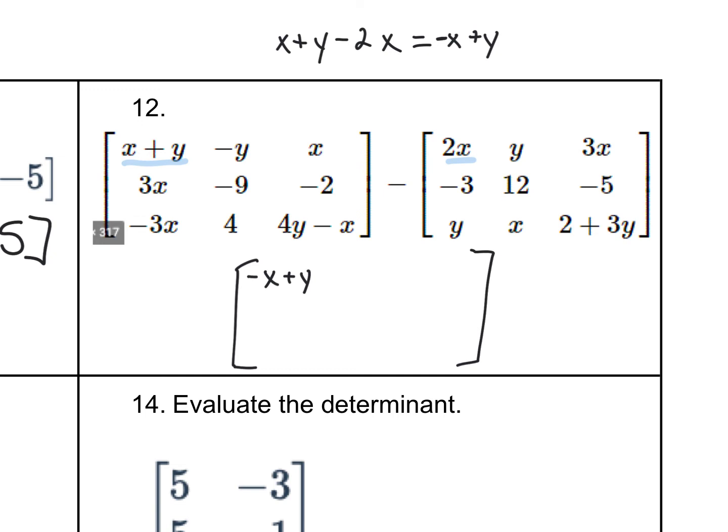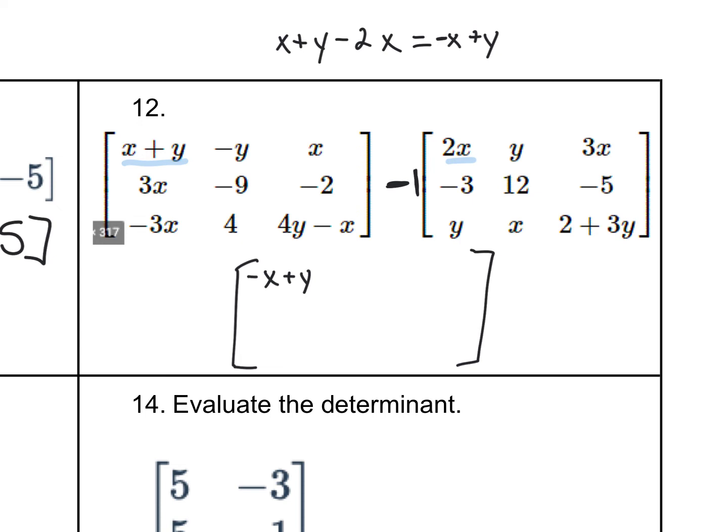Okay. Before we keep going, there was one thing that somebody on Friday asked me, and what they said was, if I wanted to go ahead and pretend that this negative was a negative 1 scalar, and distribute that negative out to all of those numbers in that second matrix, could I do that and then add the two?